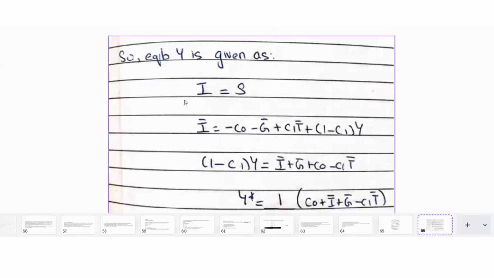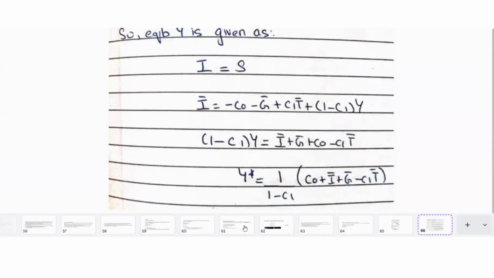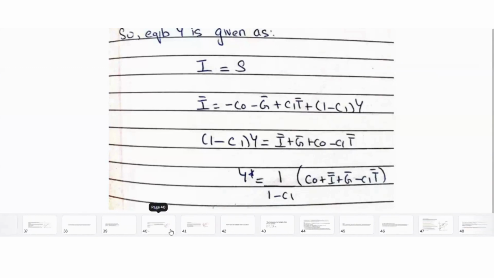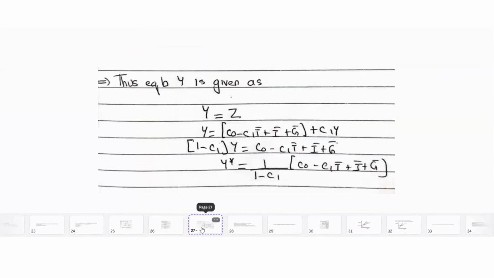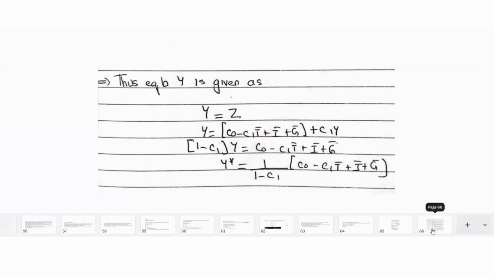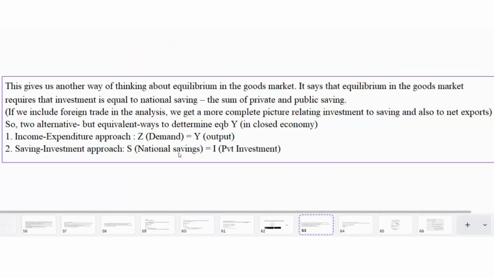So equilibrium Y we know is where I is equal to S. Given the assumptions in our standard goods market model, I is I bar, and we found S to be this using what C and G are. And then from here, we can solve for equilibrium Y. This is the exact same value that we got when we used the alternative condition Y is equal to Z. So the crux here is that there are two alternative but equivalent ways to determine equilibrium Y in a closed economy.